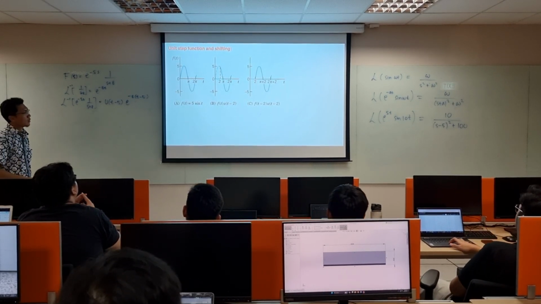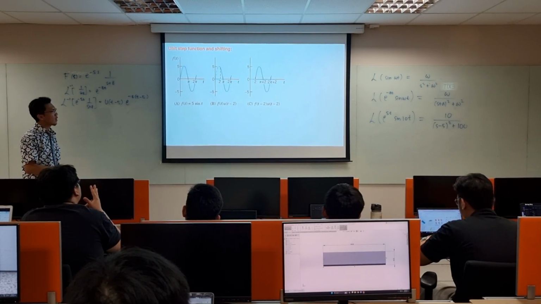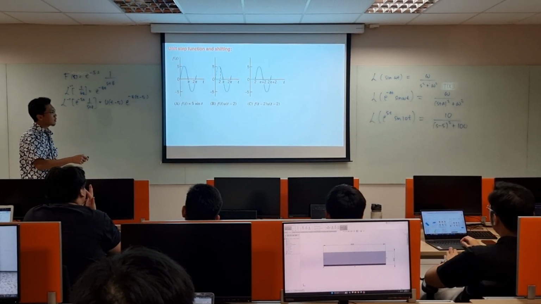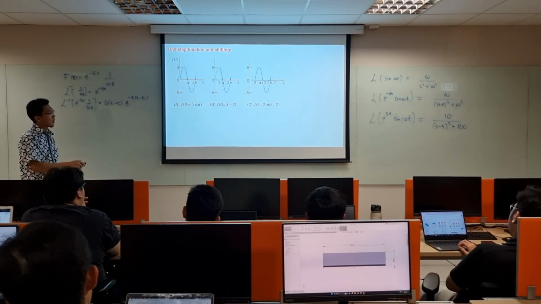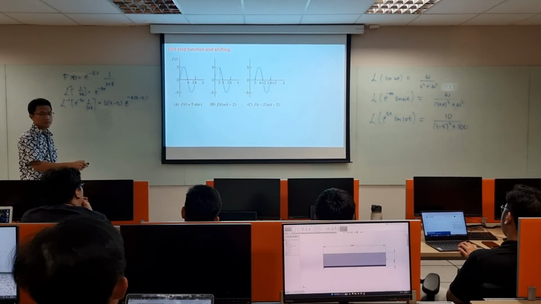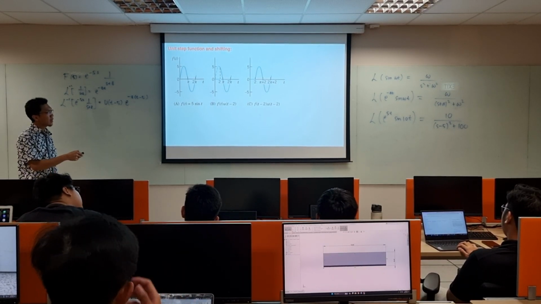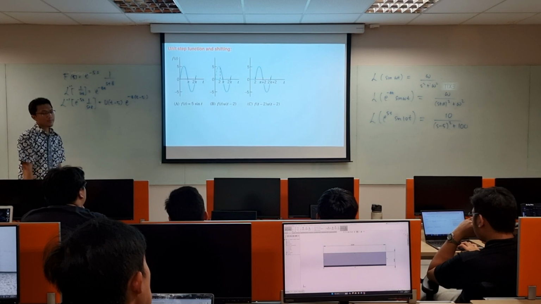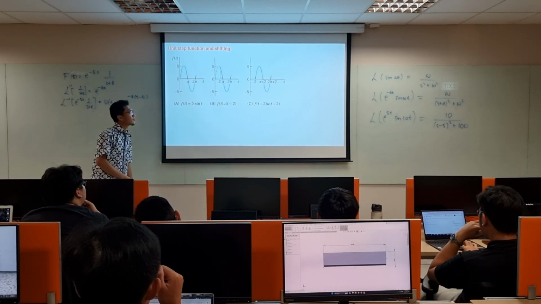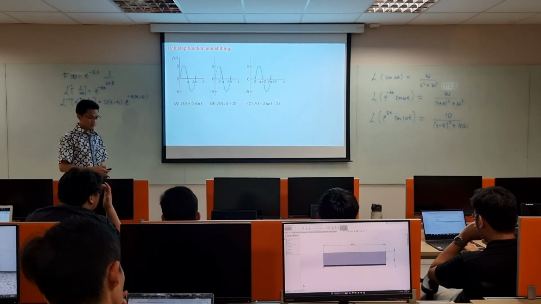So this is just a review of the t-shift. What happens if we shift the time? This is the original function, and this is the function shifted by 2 seconds. In the middle, this is truncated by the delayed step function, so the shape is not a sinusoid.